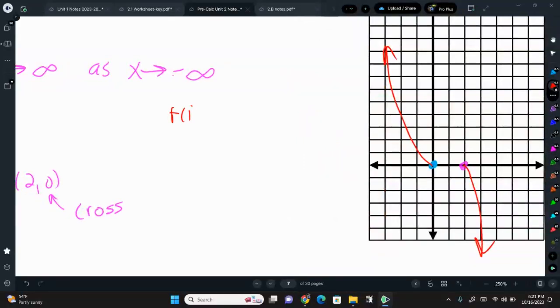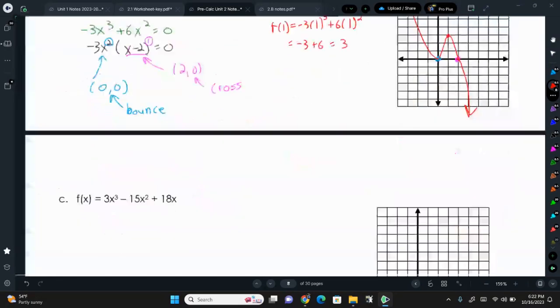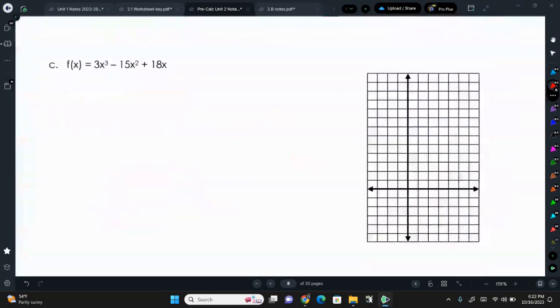So f of 1 equals -3 times 1 to the third power plus 6 times 1. So that gives us -3 plus 6, which is 3. So we have the point 1, 3 on the graph, so we know it's got to come up at least and hit that part. All right, now on the next page, we have 3x cubed minus 15x squared plus 18x.